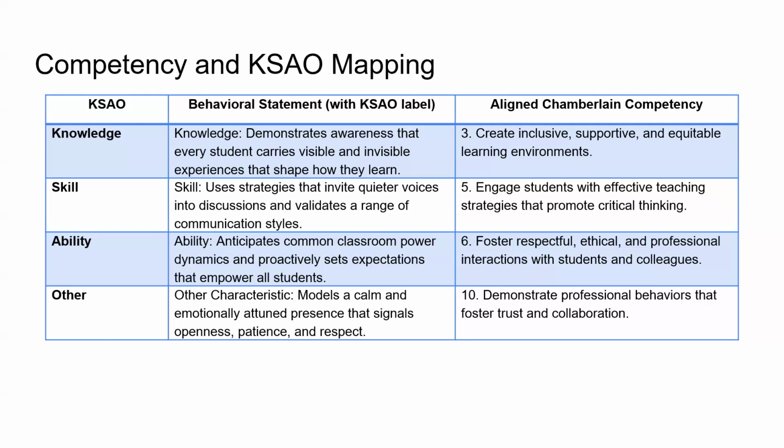For example, for knowledge, it aligned with create inclusive, supportive, and equitable learning environments. The skill maps to engage students with effective teaching strategies and critical thinking. So we're making sure that the competencies still map and still align.